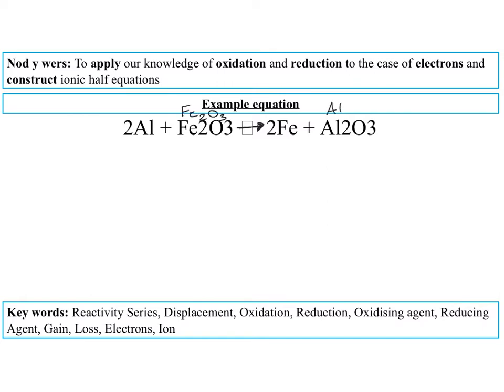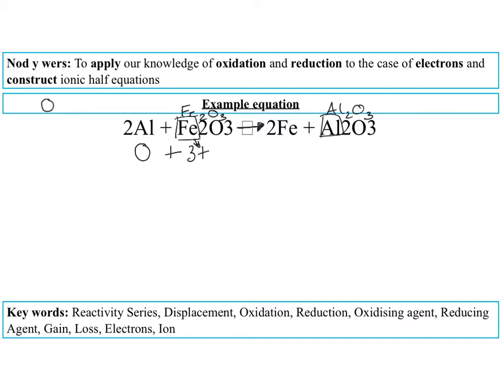in the exam. Okay, so elements on their own always have an oxidation state of 0. Then we're going to look at the metals within these compounds. If you look on your table of ions, which you've got, iron is 3+.